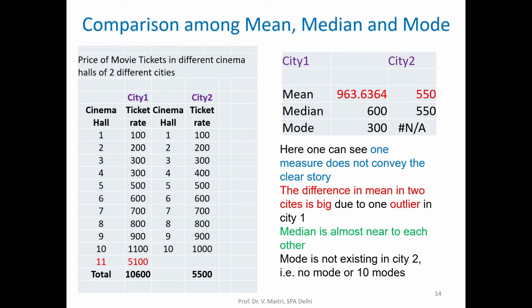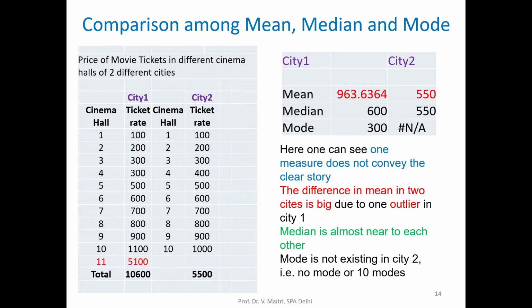In city 1, the first cinema hall ticket is 100 rupees, second 200 rupees, third and fourth the same 300 rupees, fifth 500 rupees, sixth 600, seventh 700, then 800, 900 and 1100. But the 11th cinema hall is excellent.